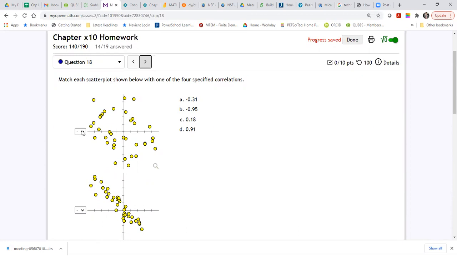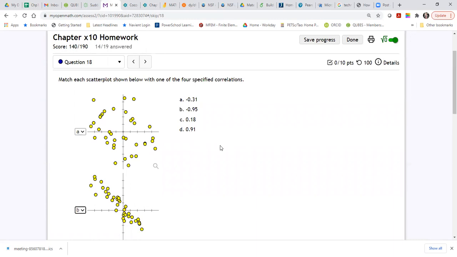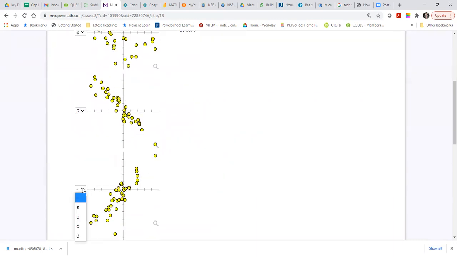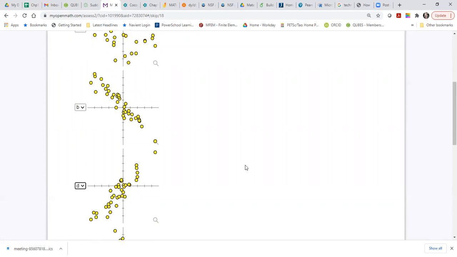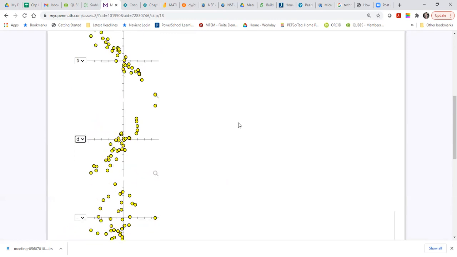So this is A. It is negative, but close to one, so this one is B. This one is close to one but positive, so it will be D. And this one is close to zero but positive, so it will be C.